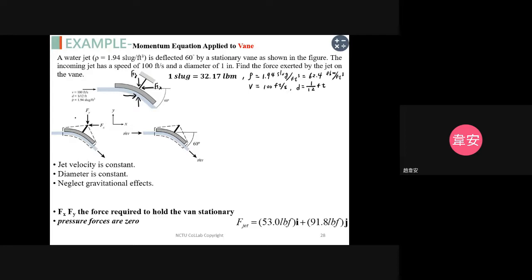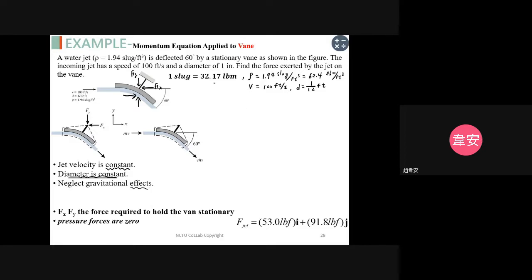The left hand side is the force diagram, the right hand side is the momentum diagram. And we assume the jet velocity is always constant, and the diameter is also constant, because this is based on the continuity equation. And for our questions, we neglect the gravity effect.